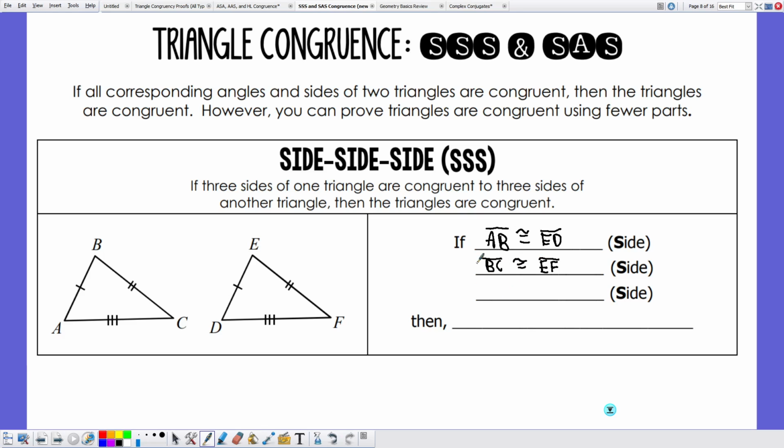And lastly, if we establish that AC is congruent to this third side, DF, then we can prove that triangle ABC is congruent with triangle DEF. So we must establish these three facts first, and then we can conclude that the two triangles are congruent.